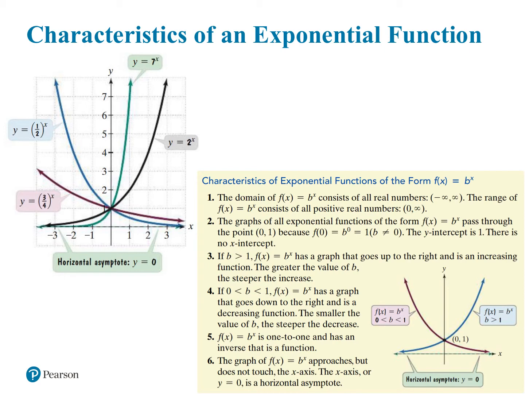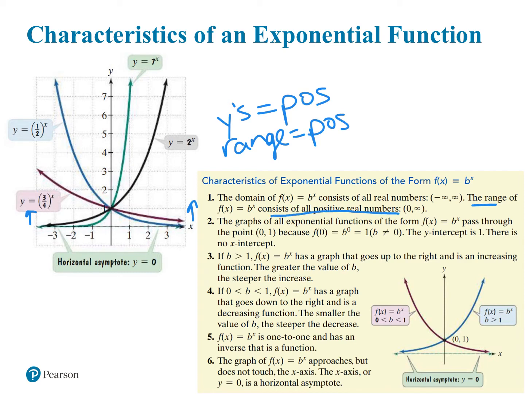again, I'm not in the negatives at all. I'm staying above the x-axis for my y's. So my y's are positive, which means my range is positive. So that's where we get that the range consists of all positive real numbers from 0 to infinity.